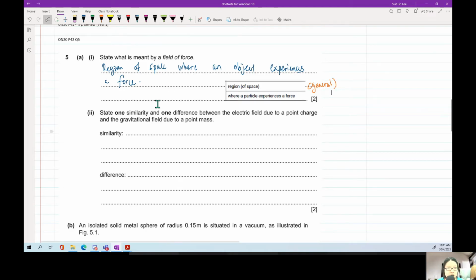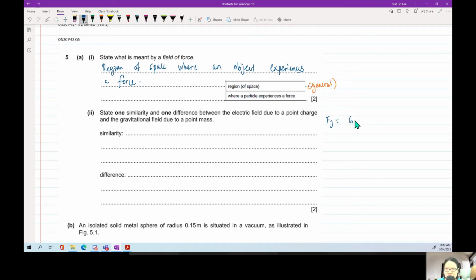All right, next. State one similarity and one difference between electric field due to a point charge and gravitational field due to a point charge. The first thing that comes to mind is the equations.